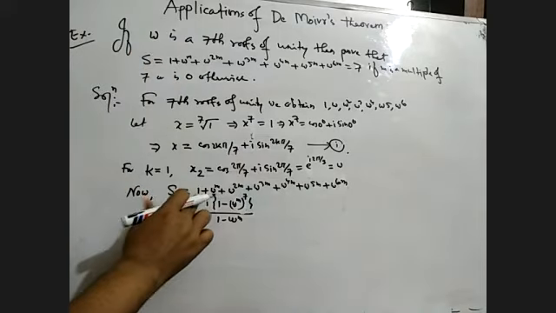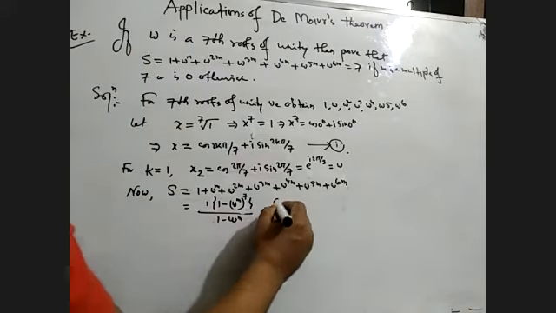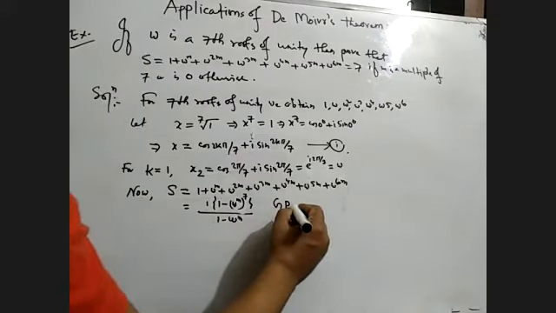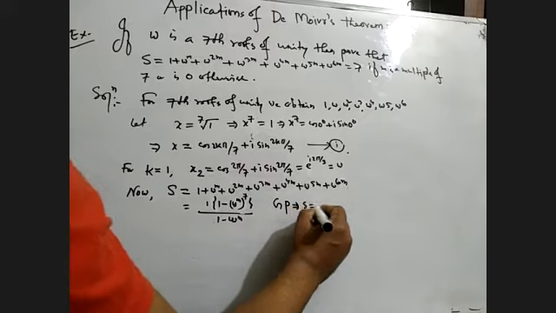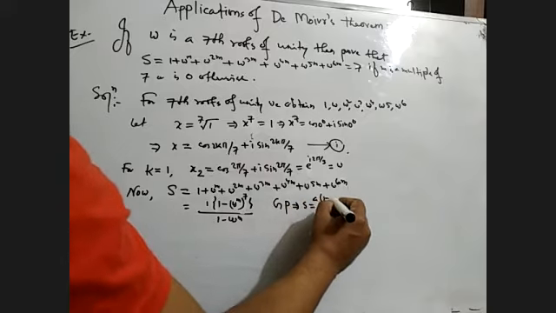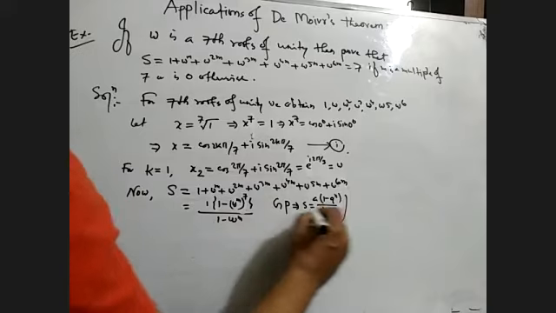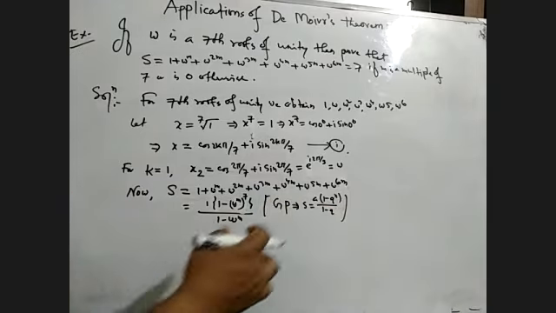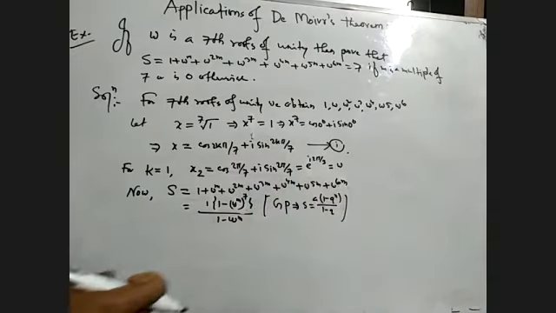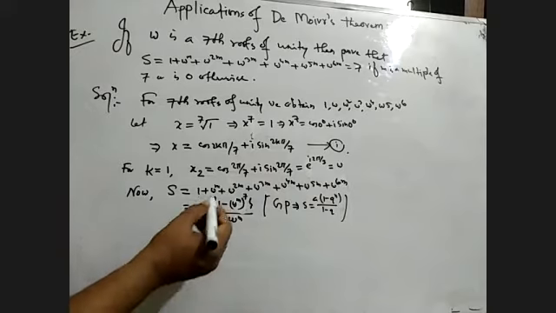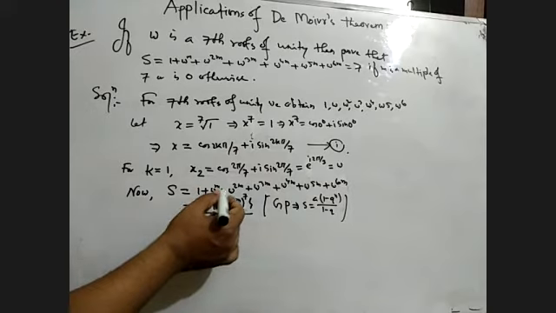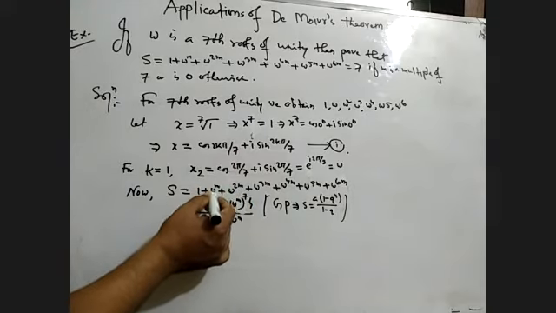Okay. So using this GP, geometric progression, the sum is A into 1 minus q to the power n divided by 1 minus q. You must know this. Q means the common ratio, which is the second term by the first term, or the third term by the second term.